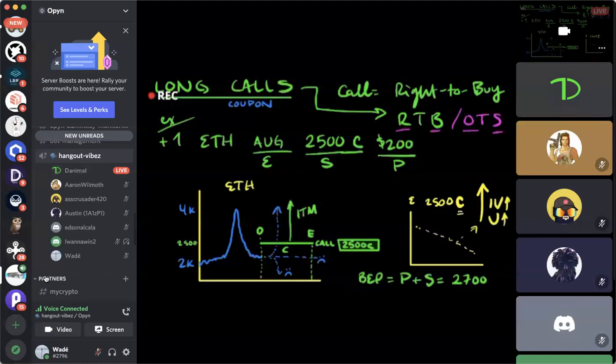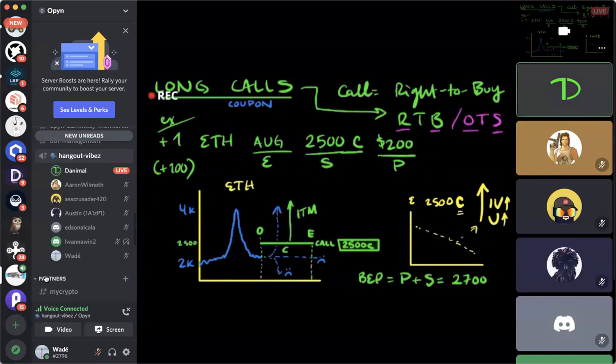If you're doing a lot of these, this is just one contract, right? Now imagine if you're doing hundreds of these. If you do at least 100 of these call contracts, you're going to be paying $200 per contract in premium.